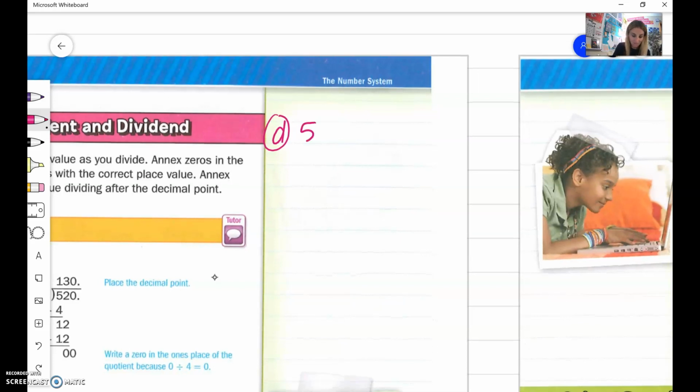My problem is 5 and 6/10 divided by 0 and 14 thousandths. So I'm going to actually be moving, remember this is my divisor, this is my dividend. Okay, I'm going to move it over here because I just don't have a lot of room to work. So I'm going to move it over 1, 2, 3.